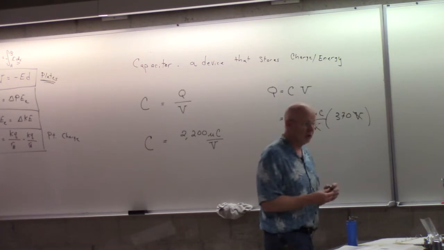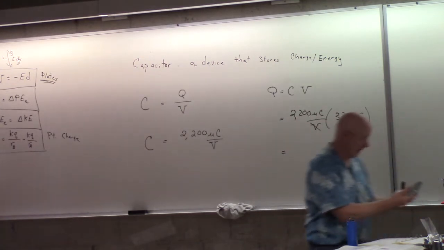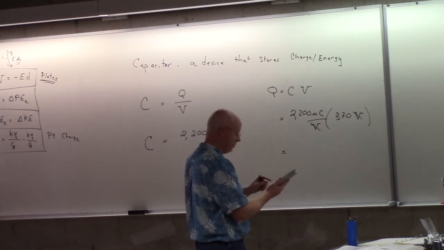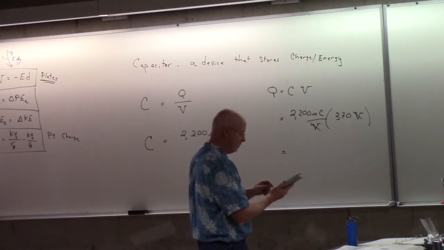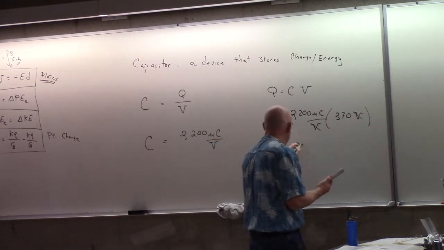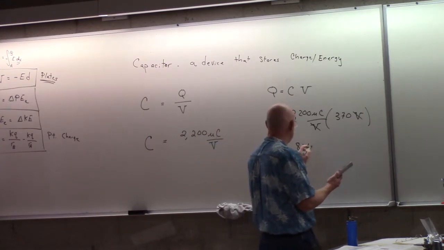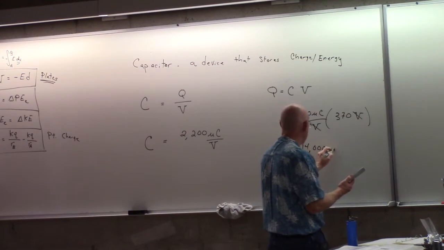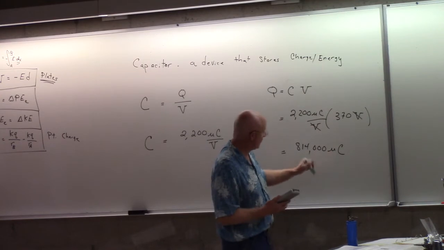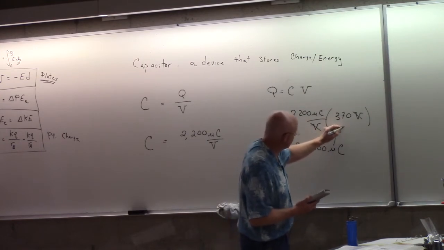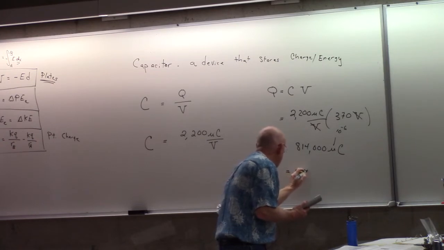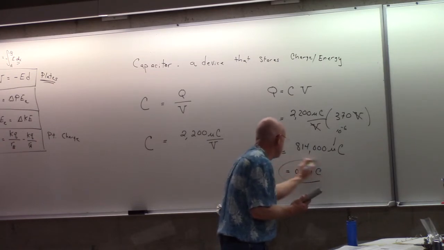So the volts would cancel off. And I can come over here and then say 2,200 times 370 makes 814,000 microcoulombs. I suppose we might take advantage of the micro, which is 10 to the minus 6, and then just write that as 0.814 coulombs.